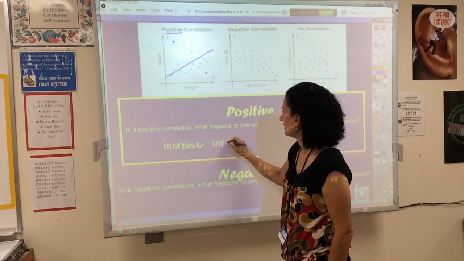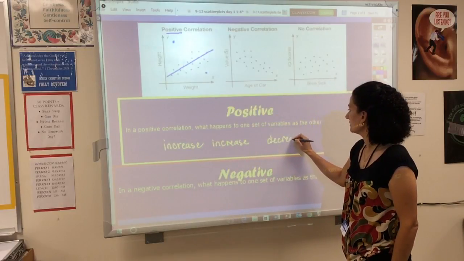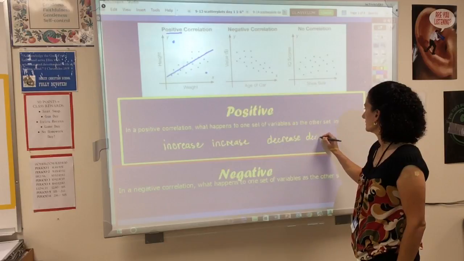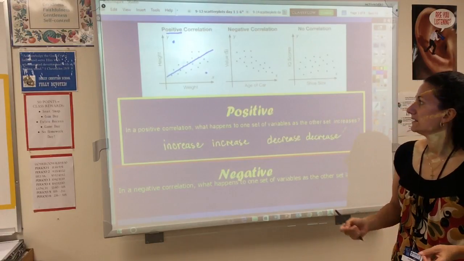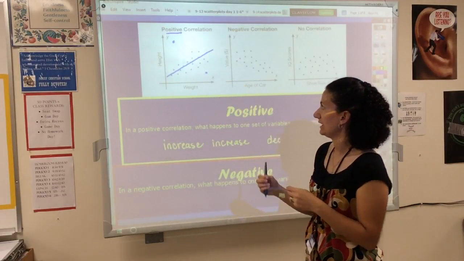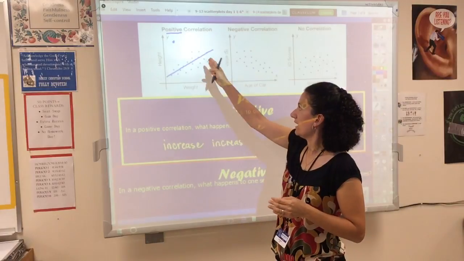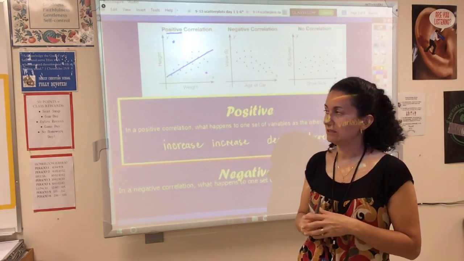So you could have an increase, increase, or you could have a decrease, decrease. So the variables are doing the same thing. You can either say as height increases, weight increases, or you could say as height decreases in this data, weight decreases. I'll show you another example of a decrease, decrease.